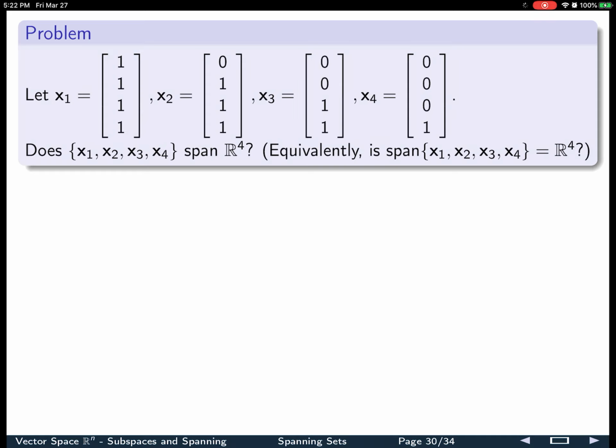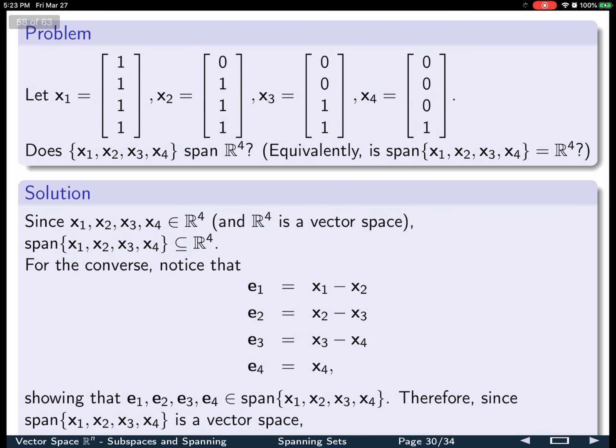Because if you have 4 pivots, that means these vectors are linearly independent, and you can head in 4 different directions and span 4-dimensional space. The easiest way to see it for this one is that, yes, you can get the standard basis vectors just by subtracting, say, x2 from x1 or x3 from x2 and so on. You can get the standard basis vectors pretty easily. But in general, you'd row reduce.